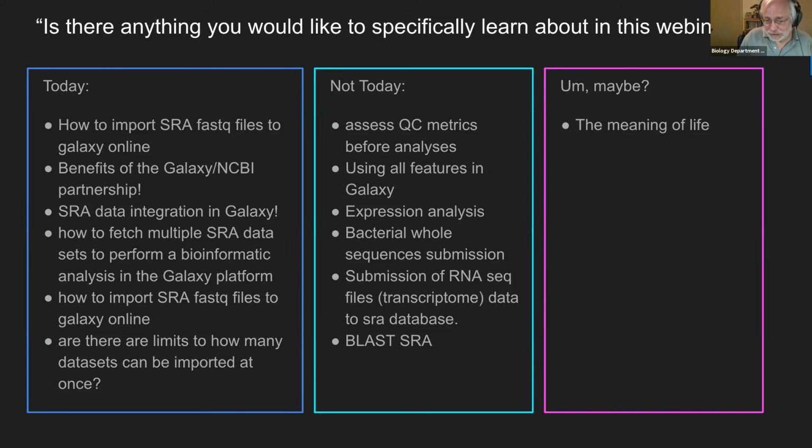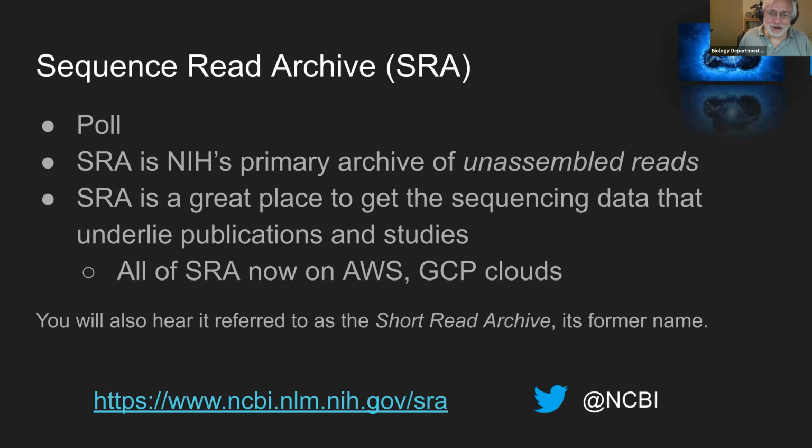So we can do all these things in SRA or in Galaxy, but we're not going to discuss those today. We will give you some pointers on how to get more information about things like that. And lastly, we had one person, God bless you, whoever you are, who said the meaning of life. And I do like to think you could find that in SRA and Galaxy, and maybe we will, maybe we won't, but we'll try, okay? So that's what we're going to cover.